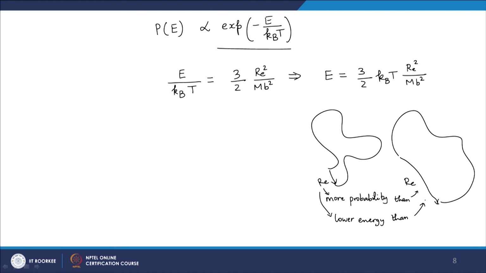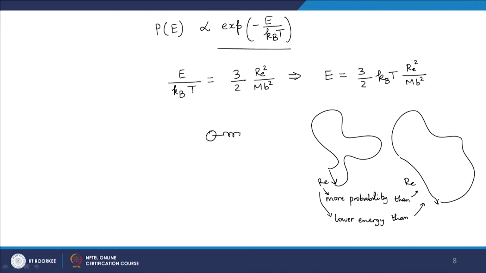So, we can start thinking of the analogy with a spring. So, if the spring is more stretched, it contains more energy. If the spring is less stretched, it contains lesser energy. So, in this case, this extension of the spring is represented by my end-to-end distance, and I can think of a spring constant and going to the idea of the spring having the energy half k x square.